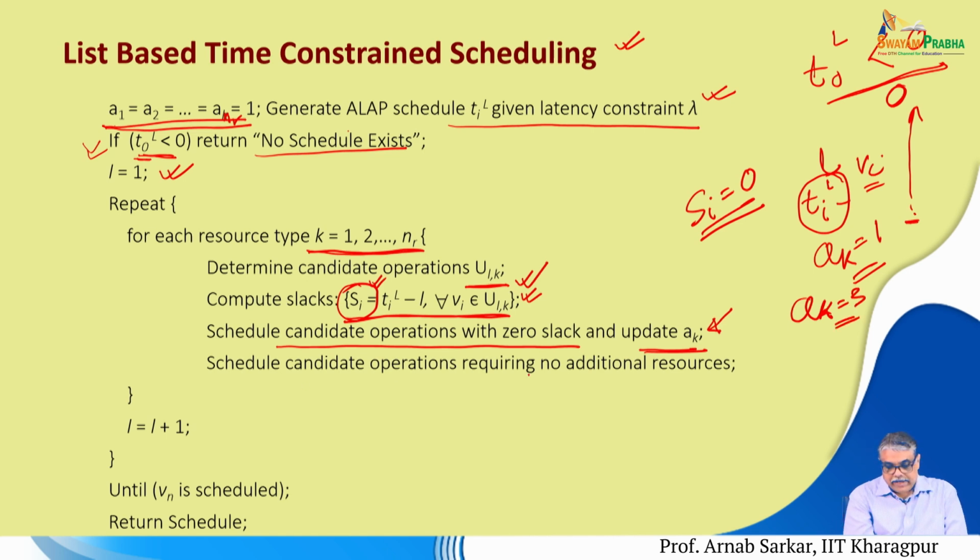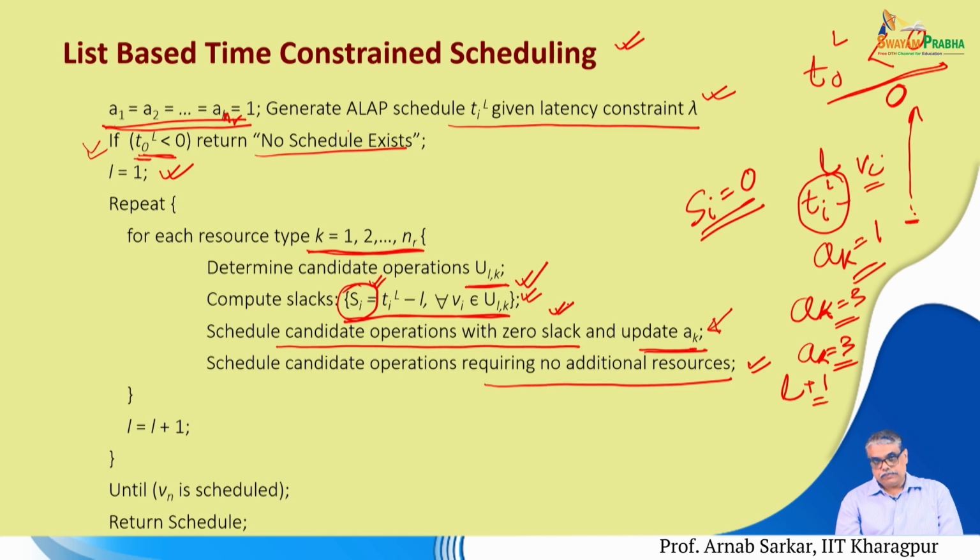Then you schedule candidate operations requiring no additional resources. After you have scheduled the 0 slack operations, let us say at time step L you have made AK equal to 3. Then at time step L plus 1, AK equals 3, so you have 3 resources. Now you have only one operation having slack 0.